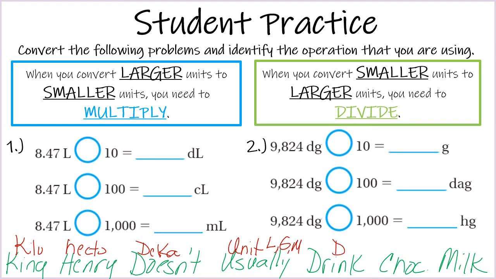Drink stands for deci. Chocolate stands for centi. And milk stands for milli. All right, so use that to help you. I want you to try the first one, pause the video, give it a shot, come back and check your work.